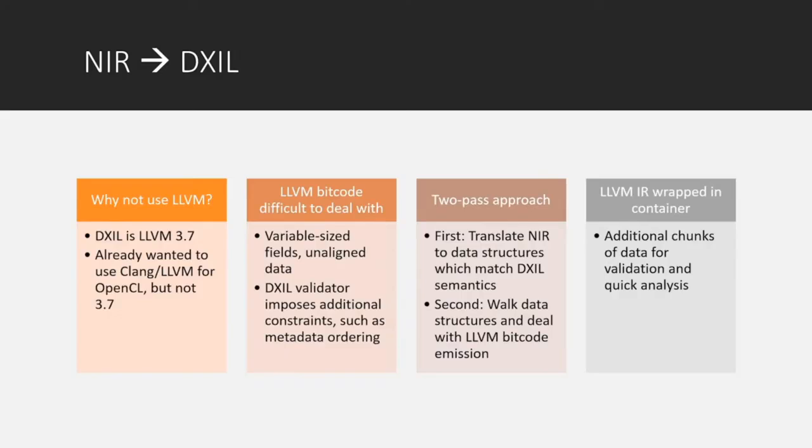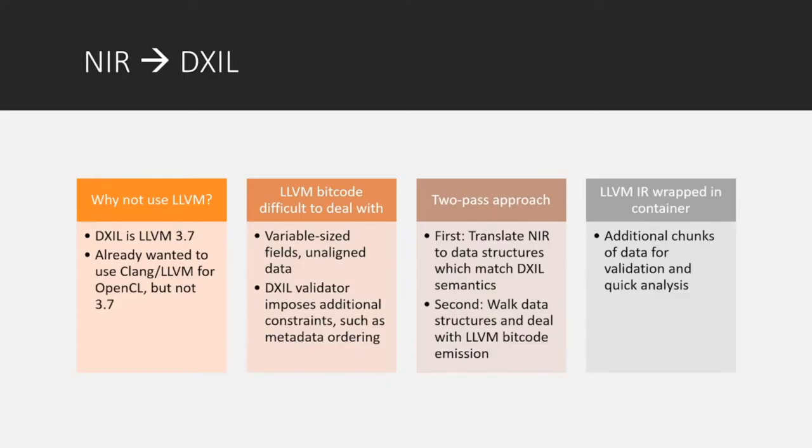It's kind of messy. And then on top of the regular constraints of the LLVM bitcode, we also have the DXIL validator, which makes sure that it is a particular layout. For example, metadata ordering needs to be in the right place. So what we built is basically a 2-pass approach.